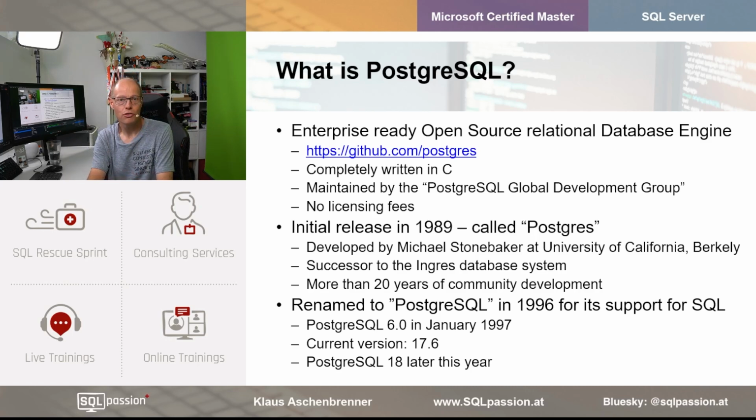The first initial release of Postgres was done in the year 1989. It's already a very long time ago. Back in that year, I was just 9 years old. That means Postgres has a really long history. Back in those days, it was called Postgres because it was a successor to the Ingres database system.